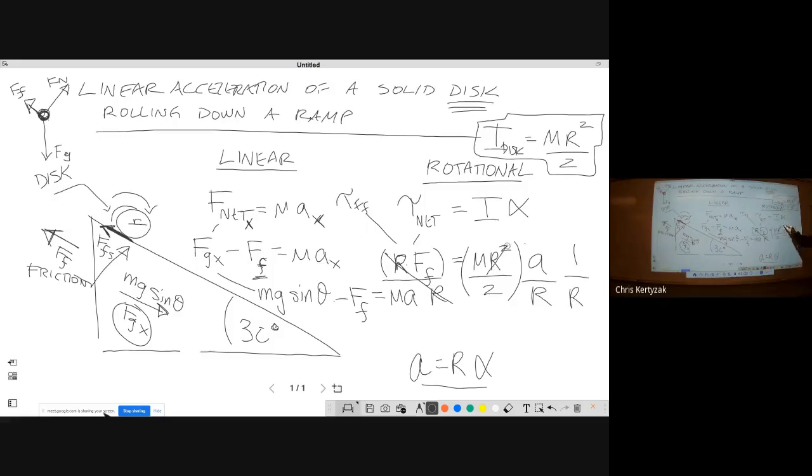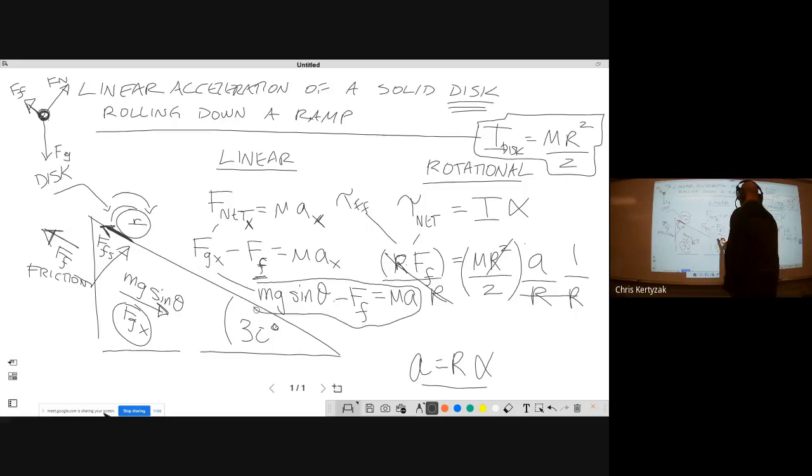That means this R squared would cancel with the R squared underneath in the denominator. I'm sorry that this is in the way. So what I'm now doing is solving for a.